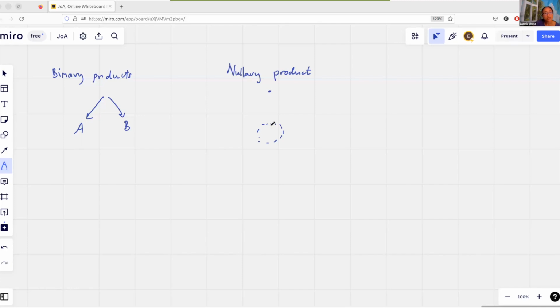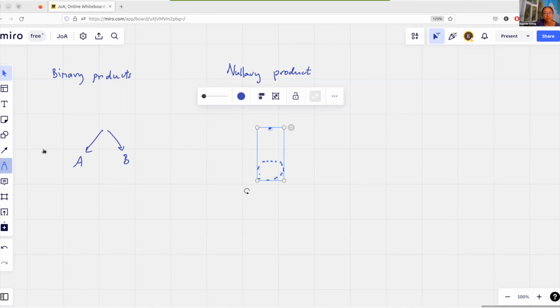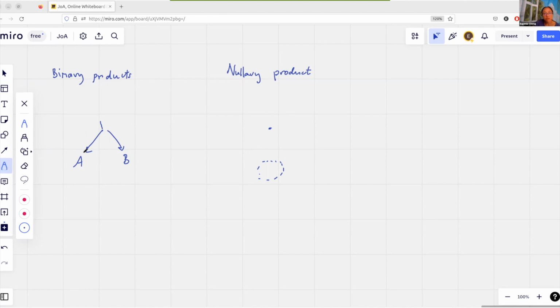I didn't quite leave myself enough space over here, so I can move this down. In the binary product, you have a vertex V over your two objects. And then the universal property says, given any X and morphisms like this, you get a unique factorisation, making everything commute.